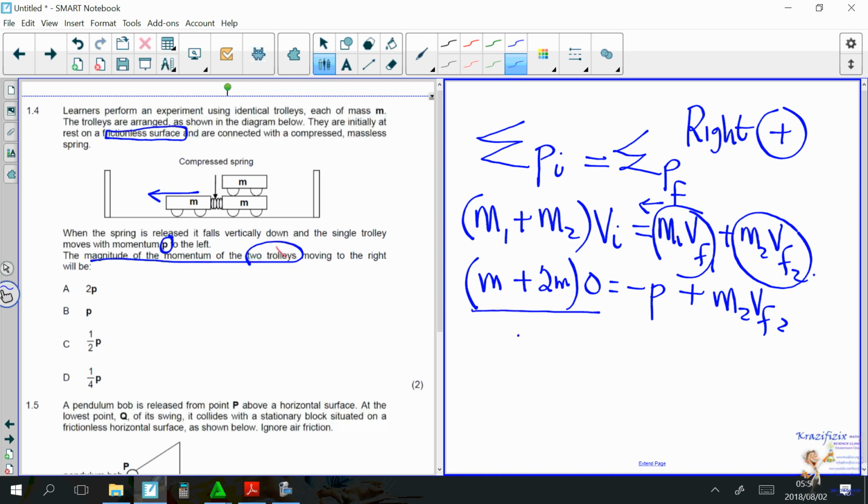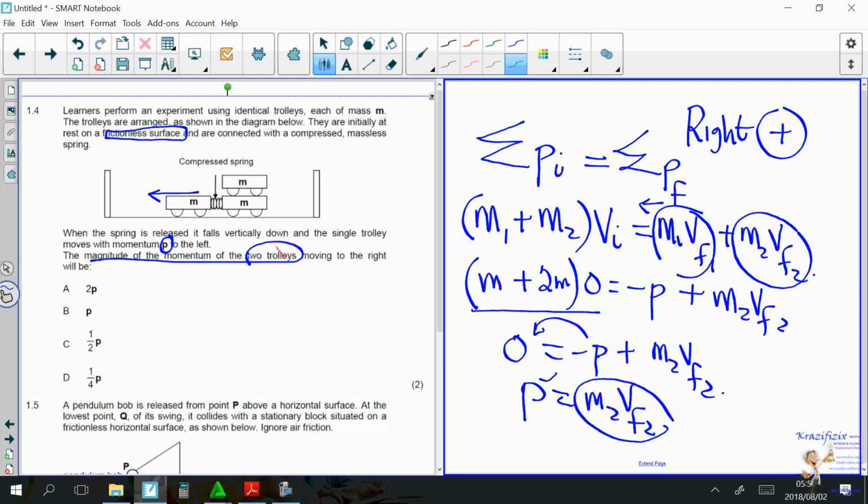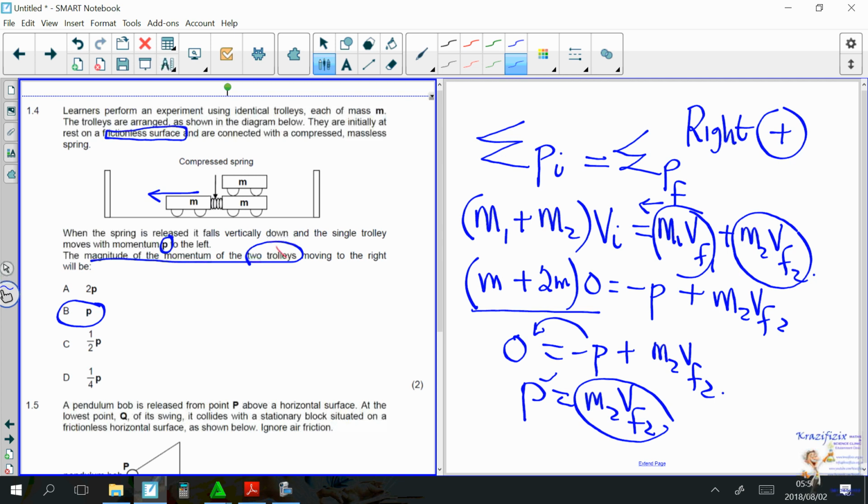The whole of this would give me 0 equals negative p plus the momentum of the second object. Let's move this over to the other side. p equals m2 vf2. That means my second momentum is also p. That's my answer there, p.